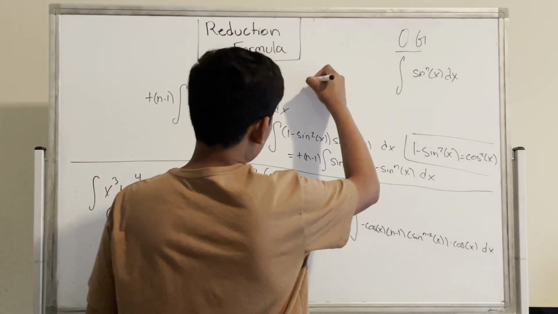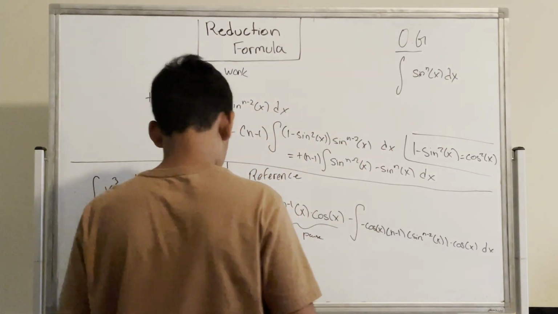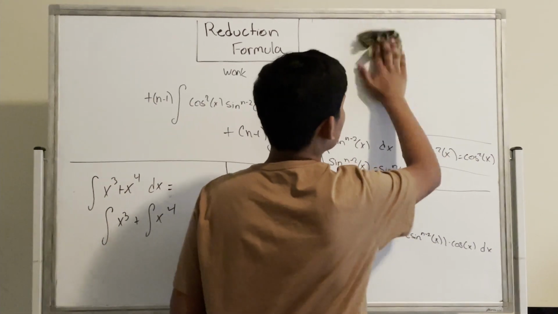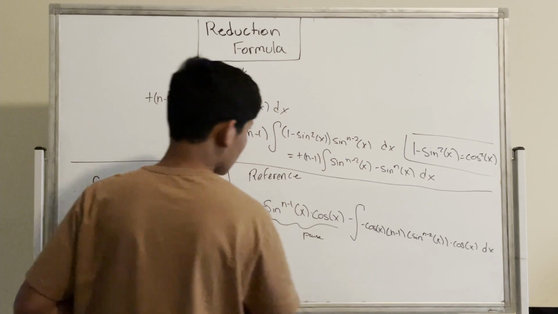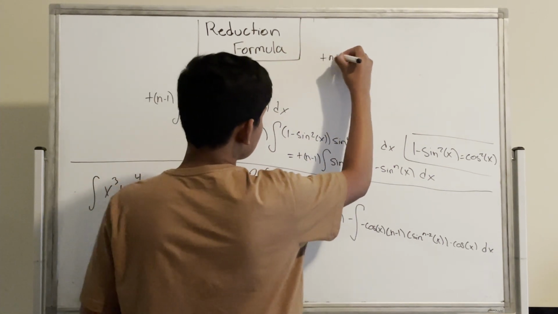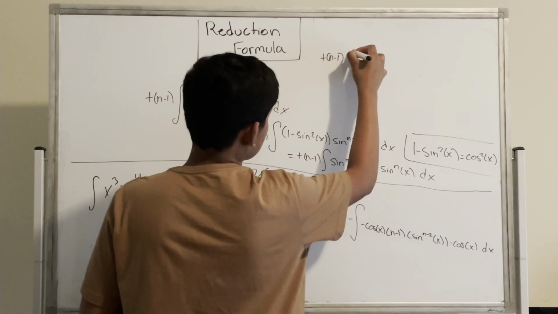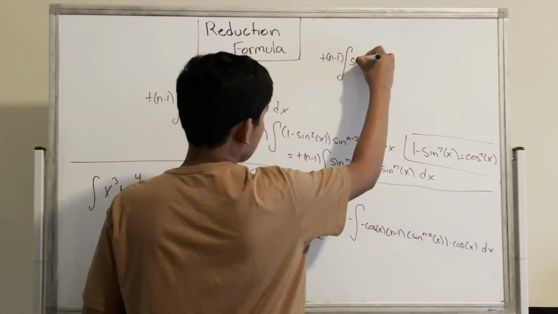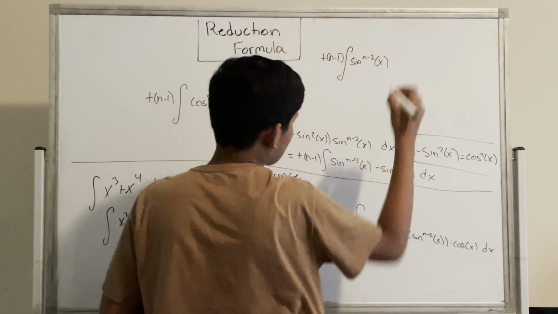So what can we do? Well, if we erase this part, you can go on top and say plus n minus 1 times the integral of sine n minus 2 of x.